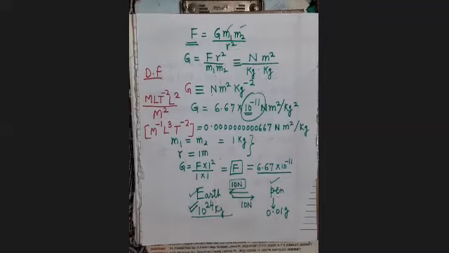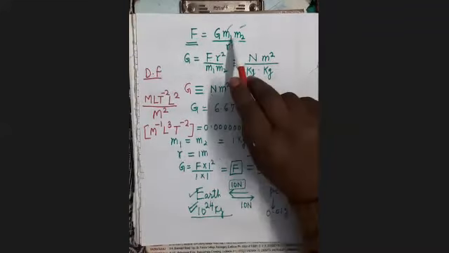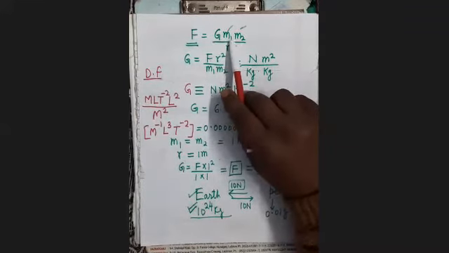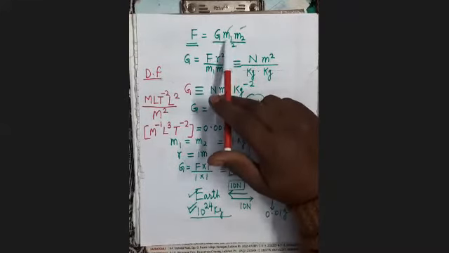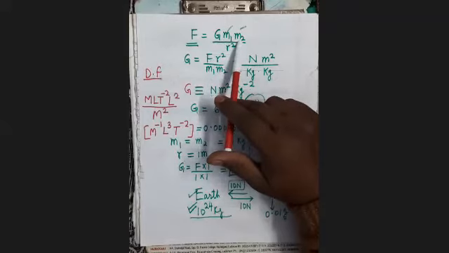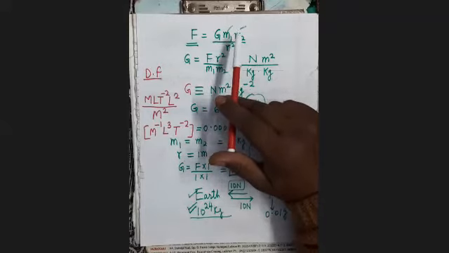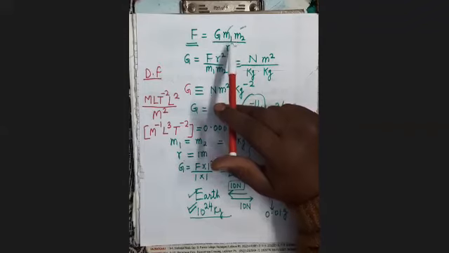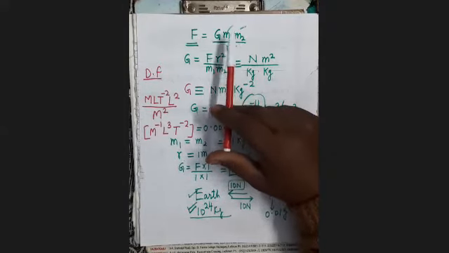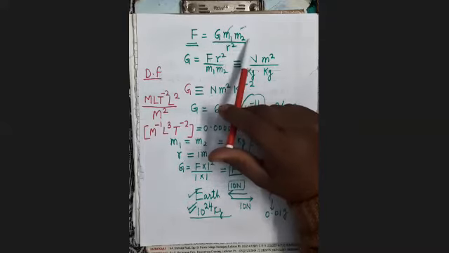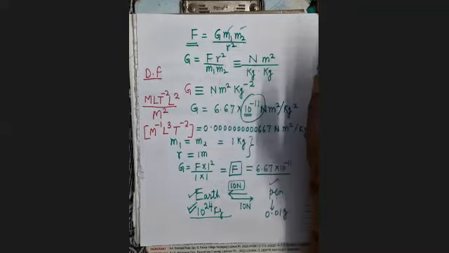It's clear. Now one more thing. In the beginning also I told that Newton's law of universal gravitation is strictly applicable only for point masses. But in the case of extended bodies, we can also apply it by using the concept of center of mass.